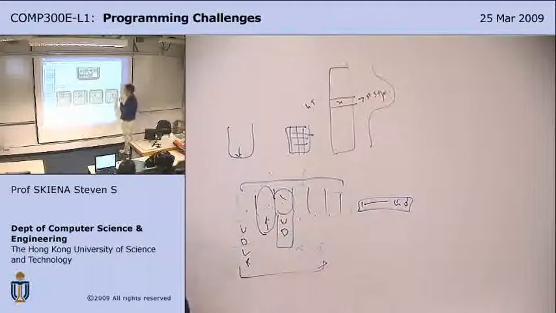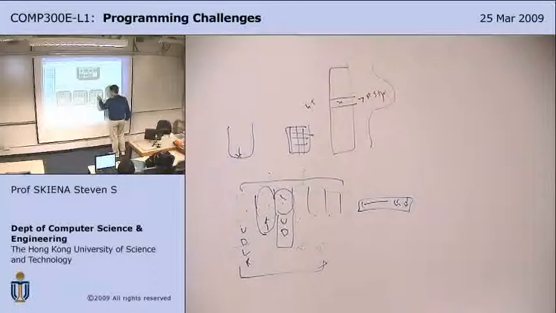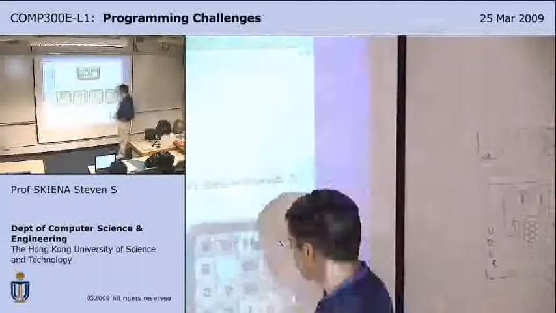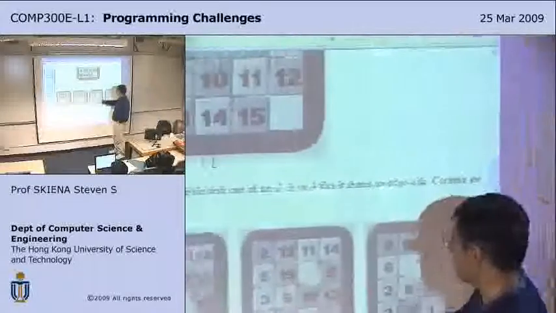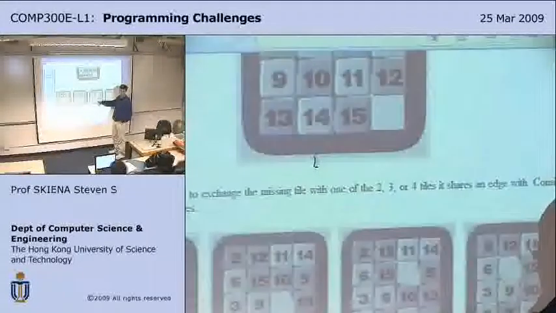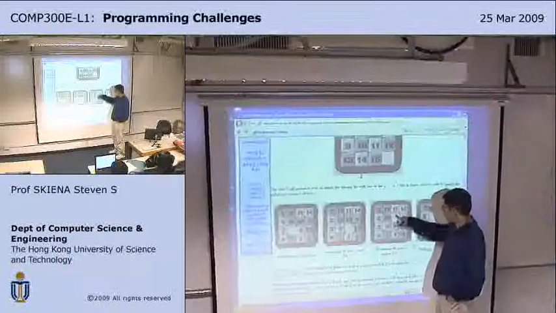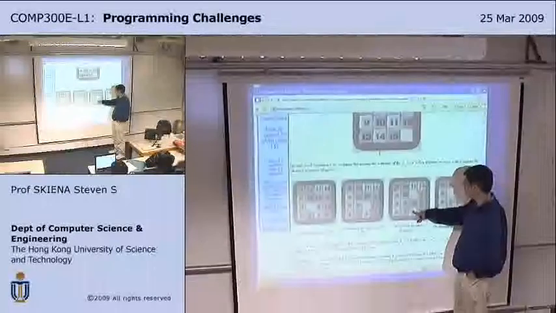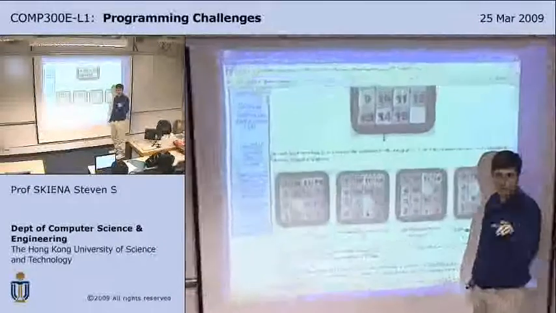The idea that you want to use here is that this tile is eventually going to have to end up here, right? To get there, this tile is going to have to use at least 1, 2, 3 steps. Does everybody agree with that?